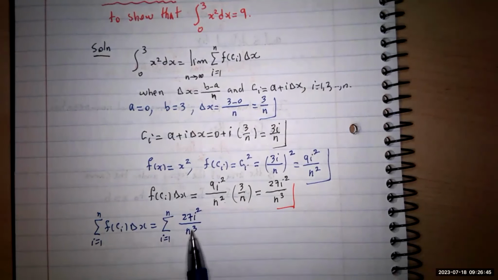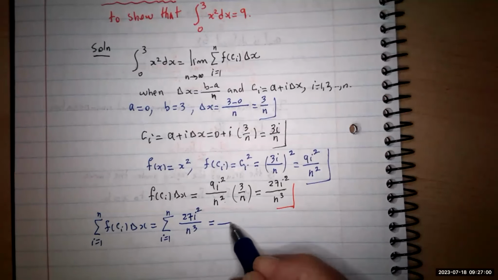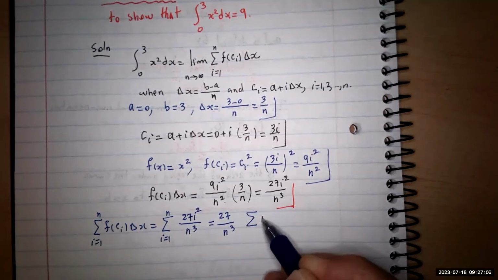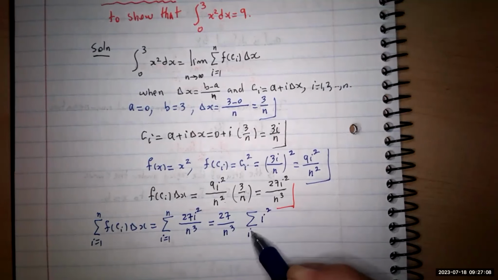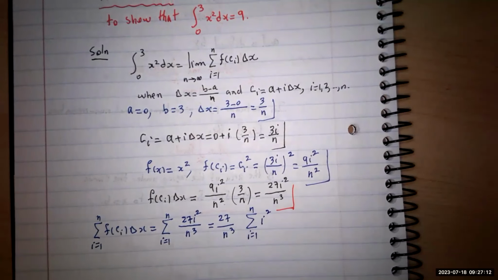Remember, everything other than the i is considered constant. You have to pull them out: 27 on the top, n cubed on the bottom. So this is equal to 27 over n cubed times the leftover sigma i squared, i from 1 to n. So pull out everything else other than the i.